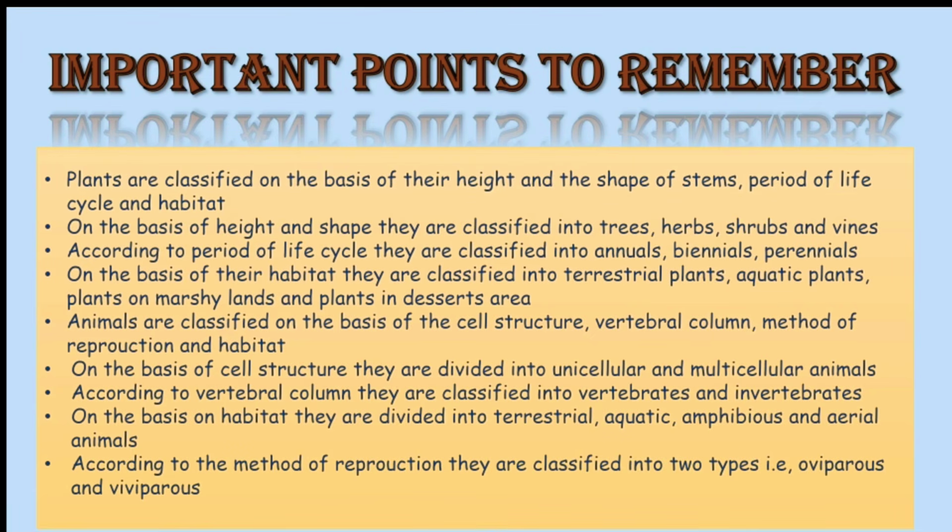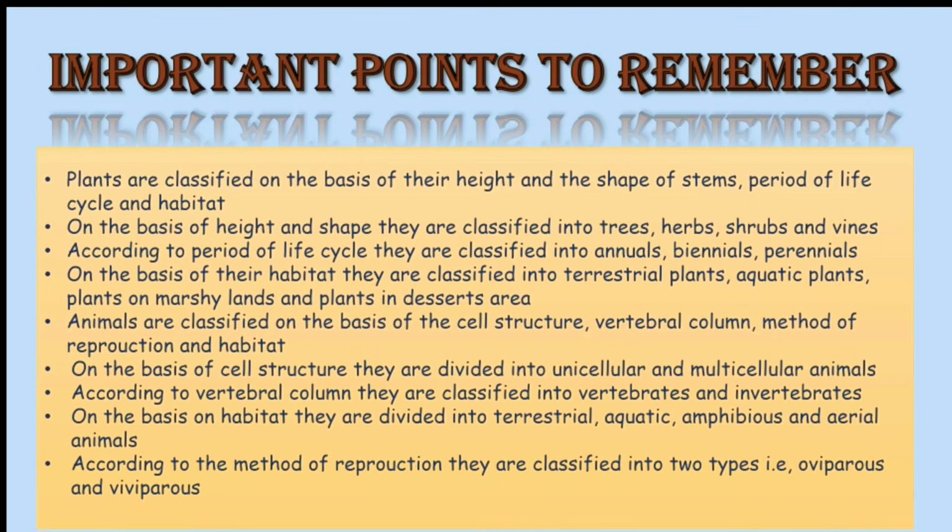So we have seen there is so much diversity in plants and animals. Let's quickly revise what we have studied. Plants are classified on the basis of their height and the shape of the stems, period of life cycle and habitat. On the basis of height and shape, they are classified into trees, herbs, shrubs and vines.